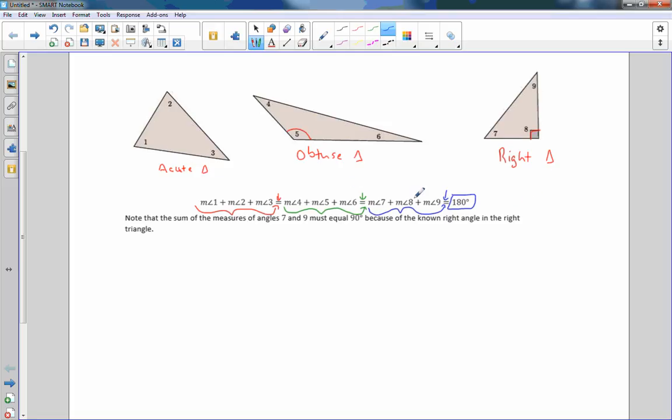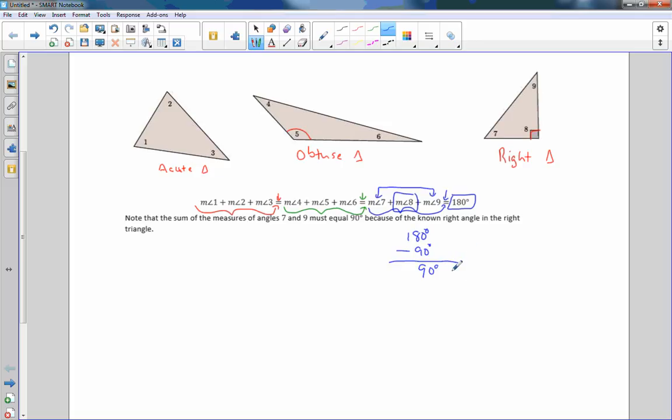So it says, note that the sum of the measures of angles 7 and 9 must equal 90 degrees, because of the known right angle in the right triangle. Okay, so what they're saying here is, if I know this is 90 degrees, and the sum of the angles of a triangle are 180 degrees, then if angle 8 is my right angle, then these two angles, since this is 90 degrees, 180 degrees minus 90 degrees equals 90 degrees.